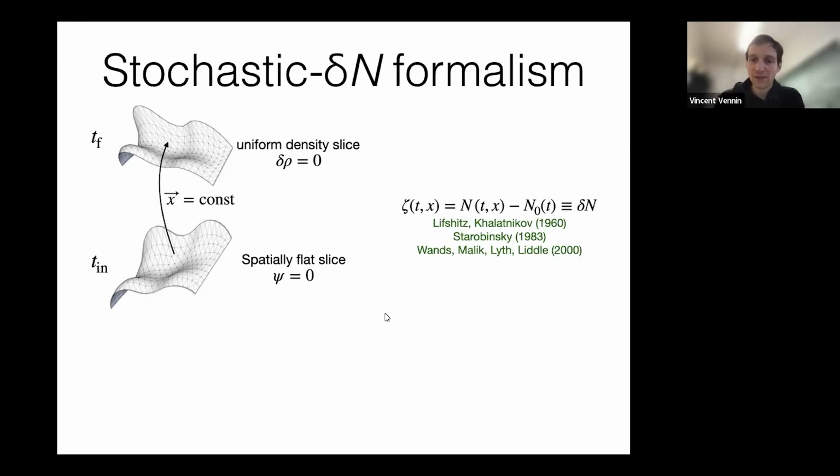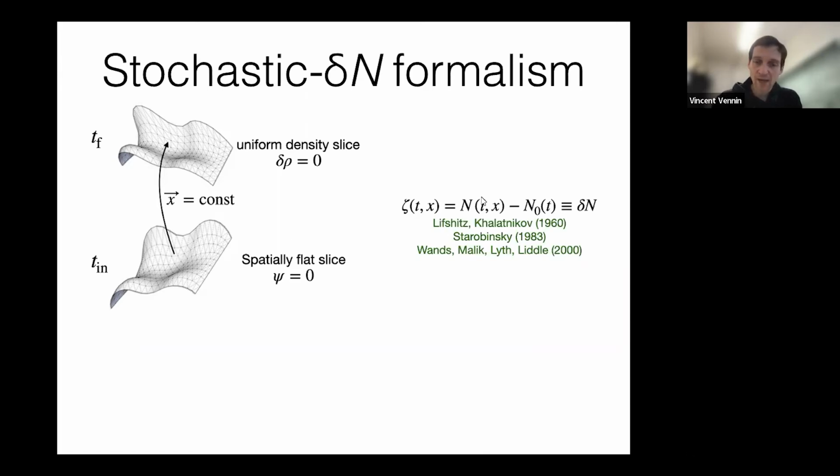So the delta N formalism is a result which states that, on separate Hubble scales, if you look at the initial hypersurface, which is spatially flat, and a final hypersurface, which has a uniform energy density, you can count, for a certain co-moving observer, how many e-folds you realize between those two surfaces.